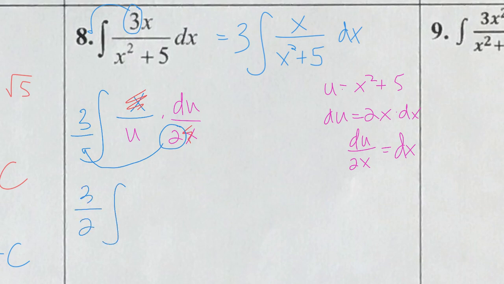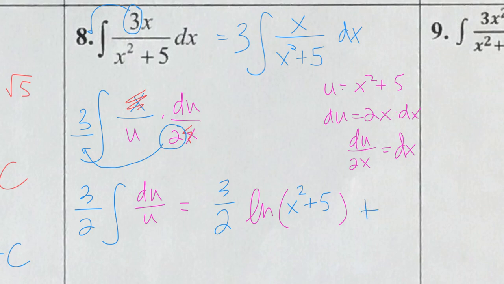So we'll have 3/2 times the integral of du over u. Hopefully you can recognize that du over u is the natural log antiderivative. So we have 3/2 times the natural log of u, where I let u be x squared plus 5. That's an x squared, by the way, it does not look like it. x squared plus 5, and then of course our plus c.